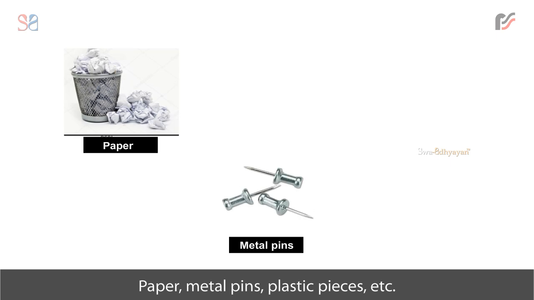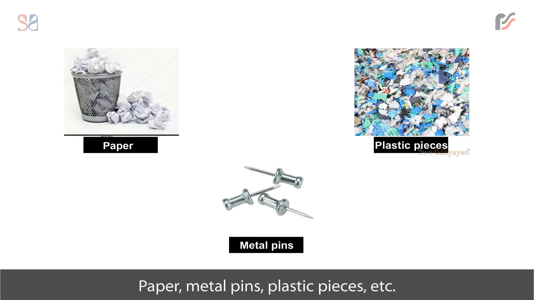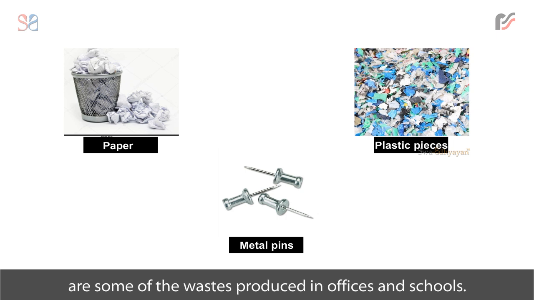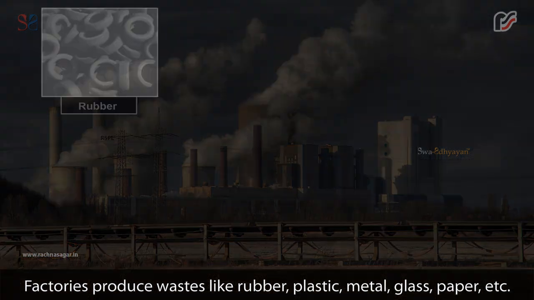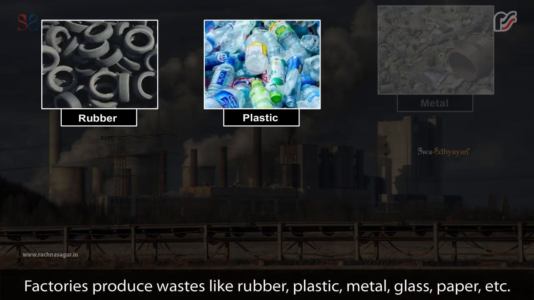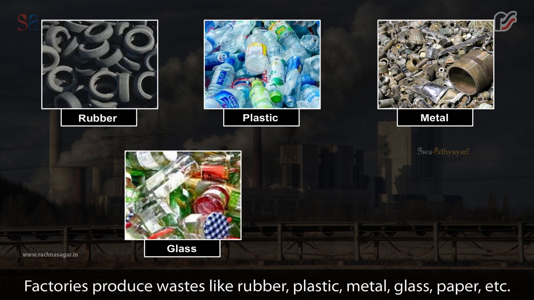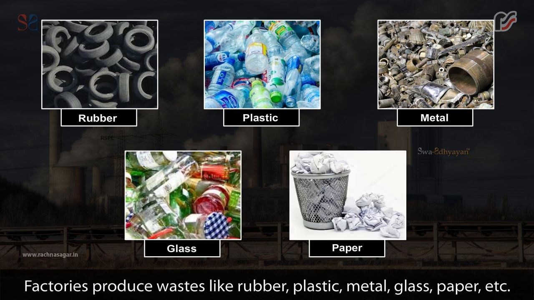Paper, metal pins, plastic pieces, etc. are some of the wastes produced in offices and schools. Factories produce wastes like rubber, plastic, metal, glass, paper, etc.